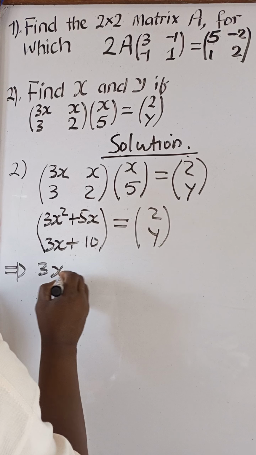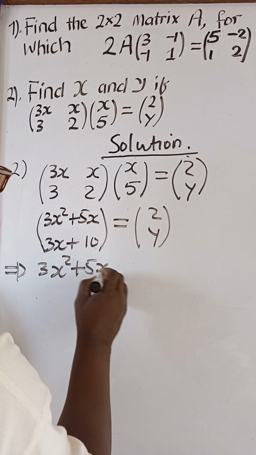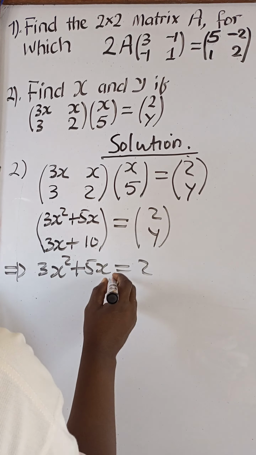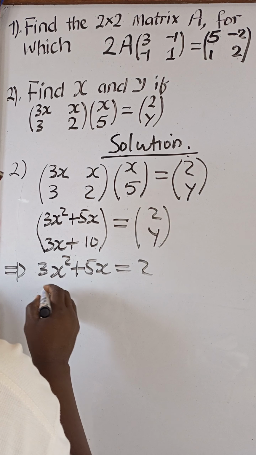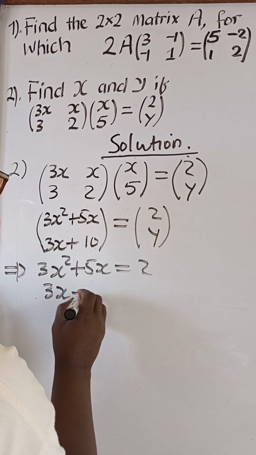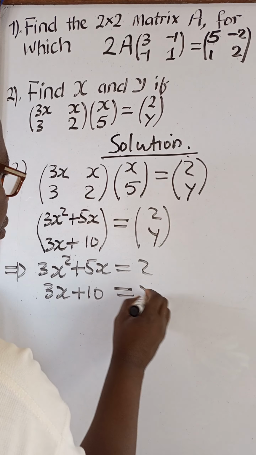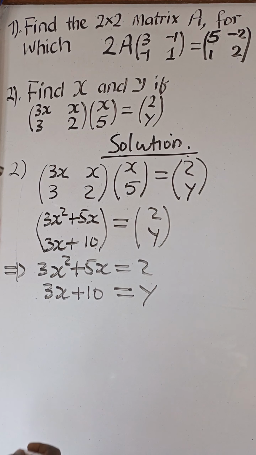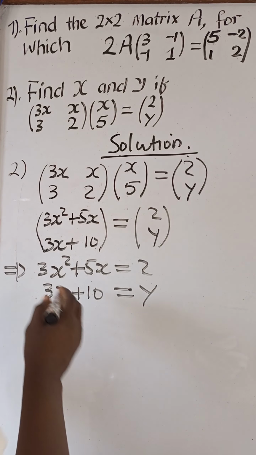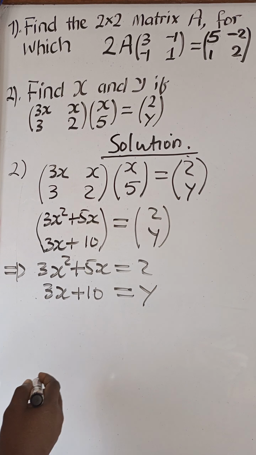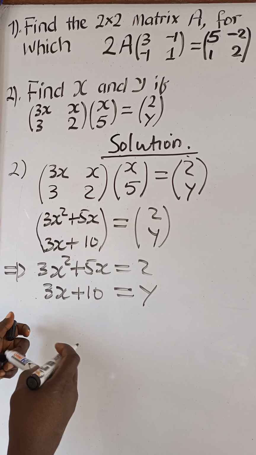So we have 3x squared plus 5x is equal to 2. And we have this entry equal to this entry: 3x plus 10 is equal to y. So we end up with this system of equations to solve.